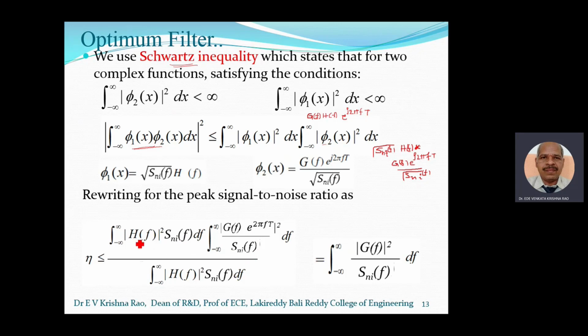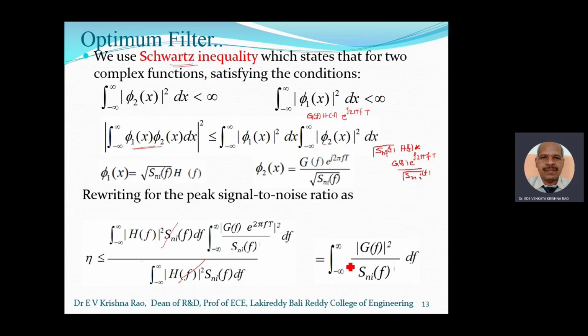The remaining term is squared, and in the denominator the average noise power is already there: integral from minus infinity to plus infinity of h of f squared Sni of f df. Now this term and this term get cancelled. This is the way of simplifying the integral function in the numerator by considering the Schwarz inequality condition, separating it into two factors.